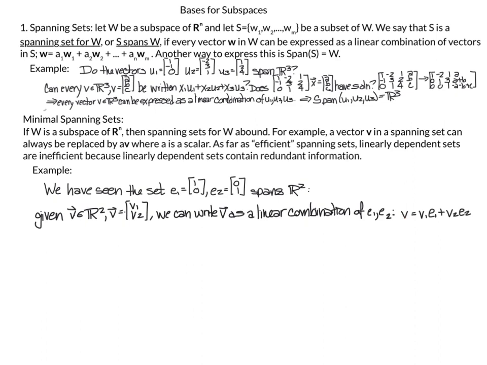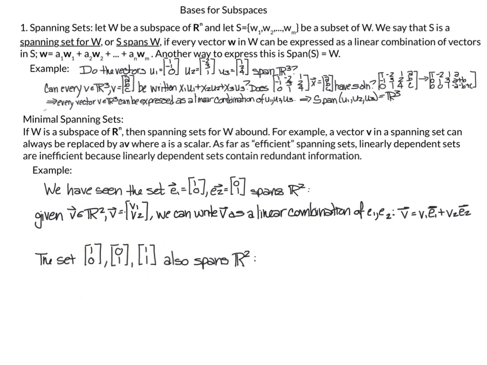That is, v is equal to our v1 coordinate times e1 plus our v2 coordinate times e2. But we can also see the set (1, 0), (0, 1), (1, 1) also spans R2. Of course, you can see this pretty quickly because you only need these two to span, so this is extraneous.